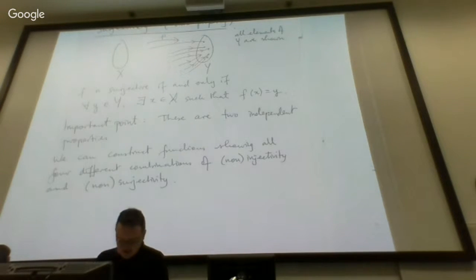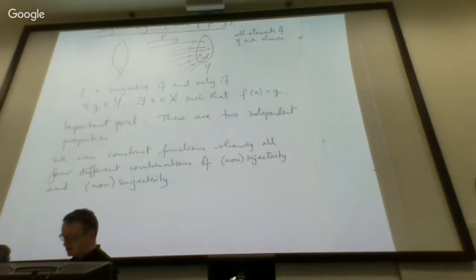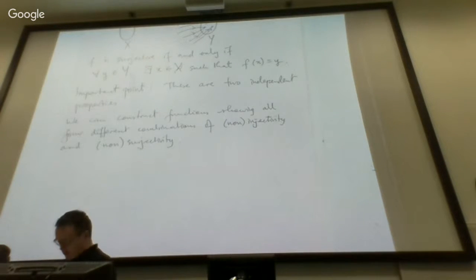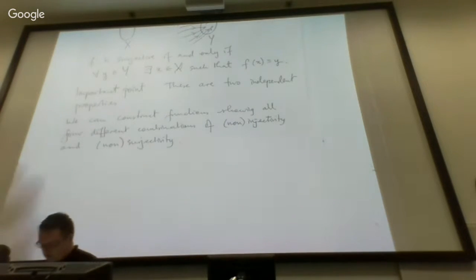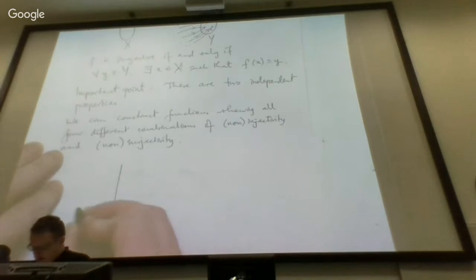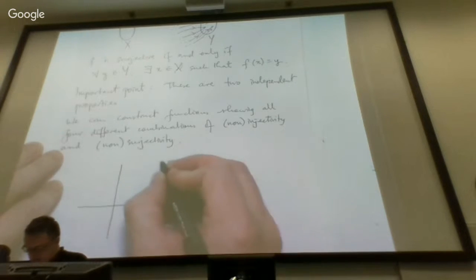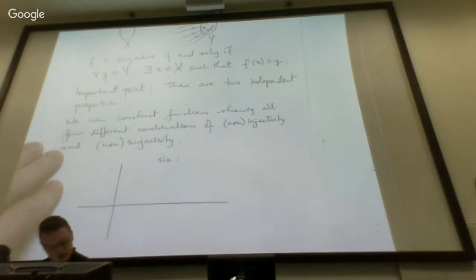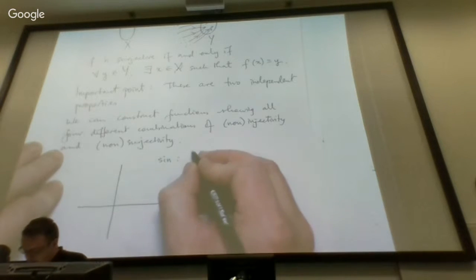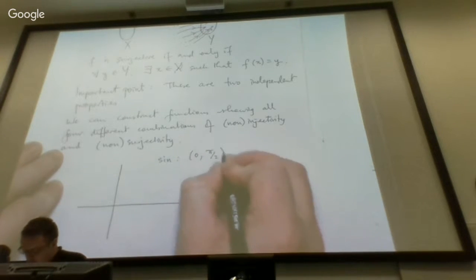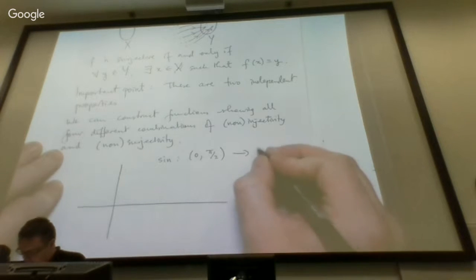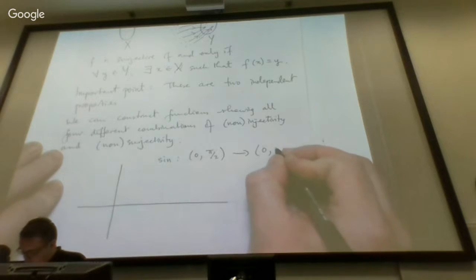And if you look in your notes, example 3.2 talks about the sine function. It talks about the sine procedure or sine process in two slightly different ways. So the first way is to think about the sine function, but only going from the interval 0 to pi over 2 to the interval 0, 1.